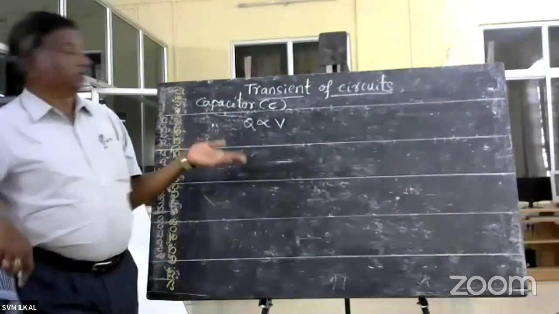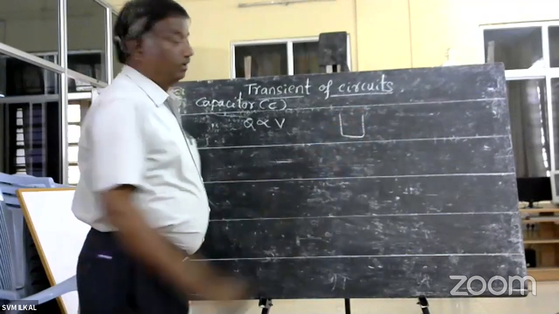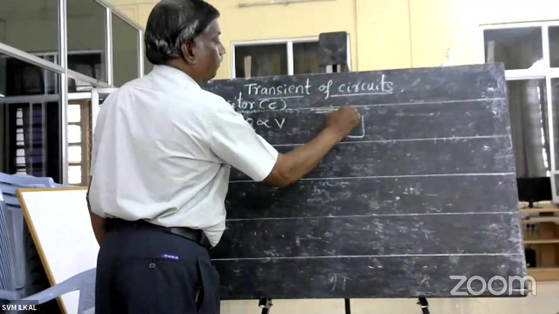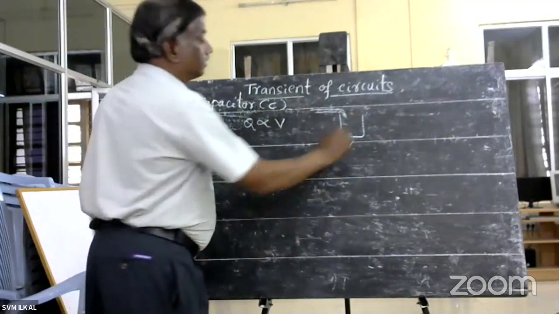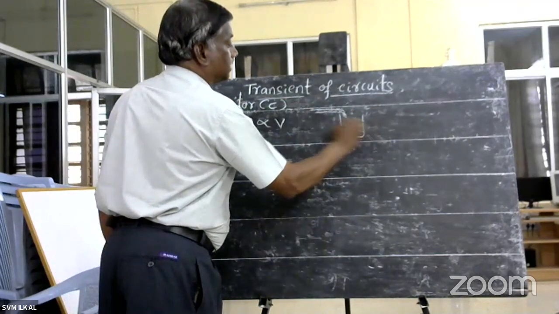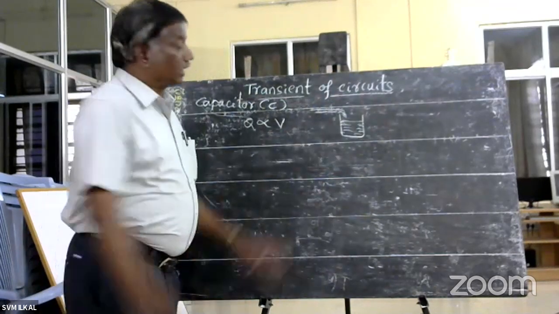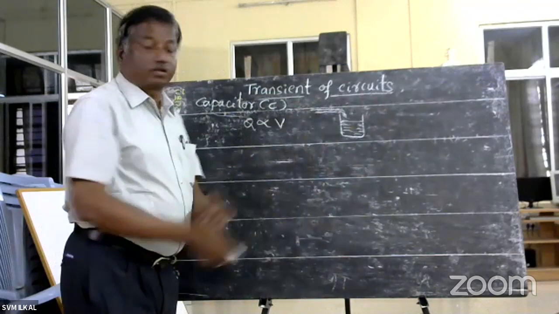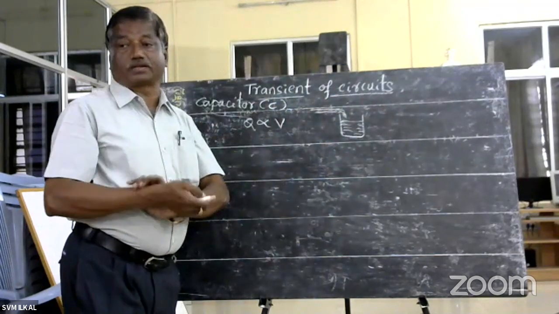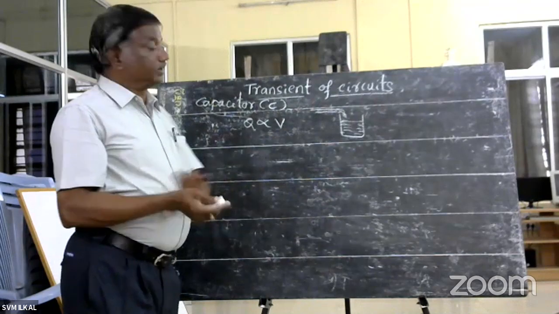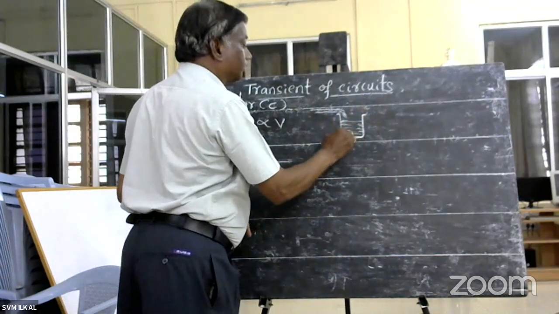For example, if there is a water tank, and there is a continuous flow of water from the tap, then there is an increase in the level of the tank. The capacity of the tank depends on what? Not on the quantity of water flowing into the tank, but on the volume of the tank.